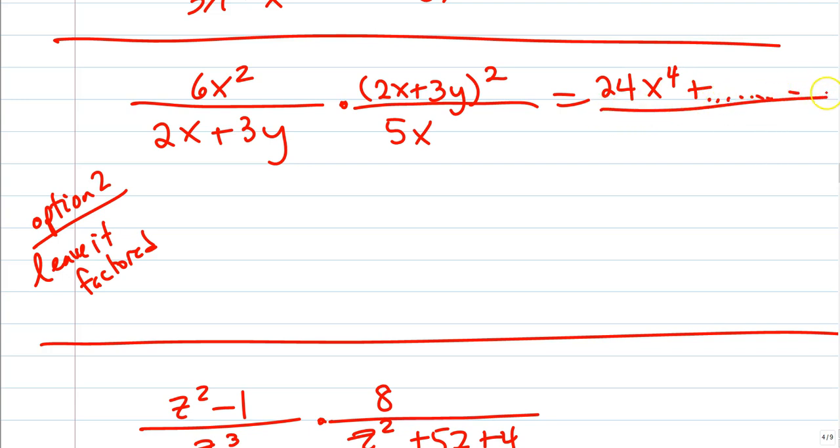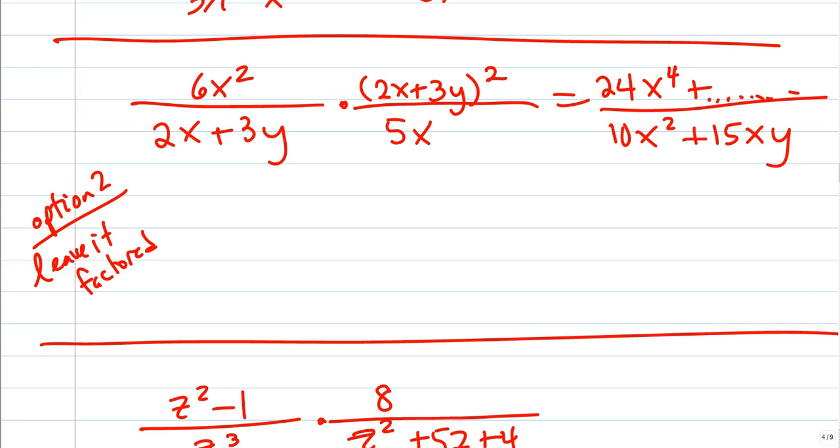And then on the bottom, you would end up with 10x squared plus 15xy. And so putting it together, I would then have to try to break this mess back apart to try to cancel things out. And so let's agree that option 1 would really stink in this situation.